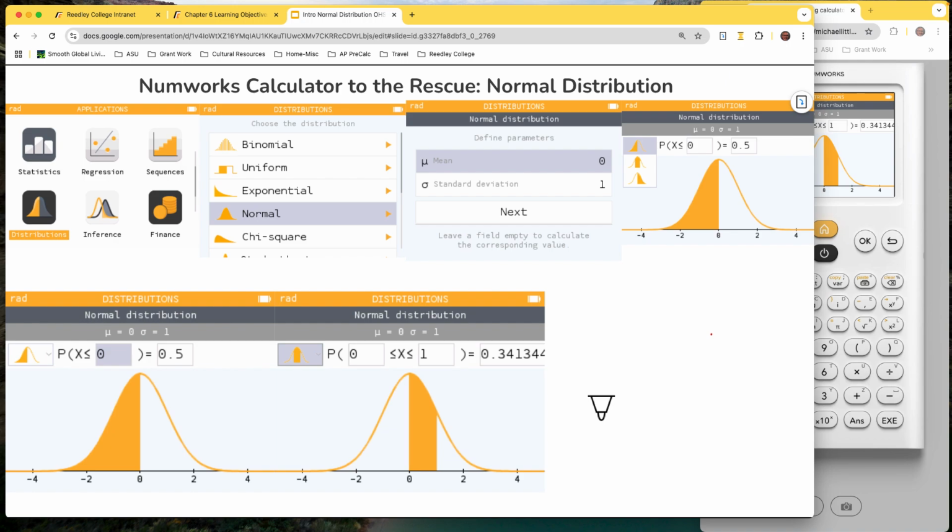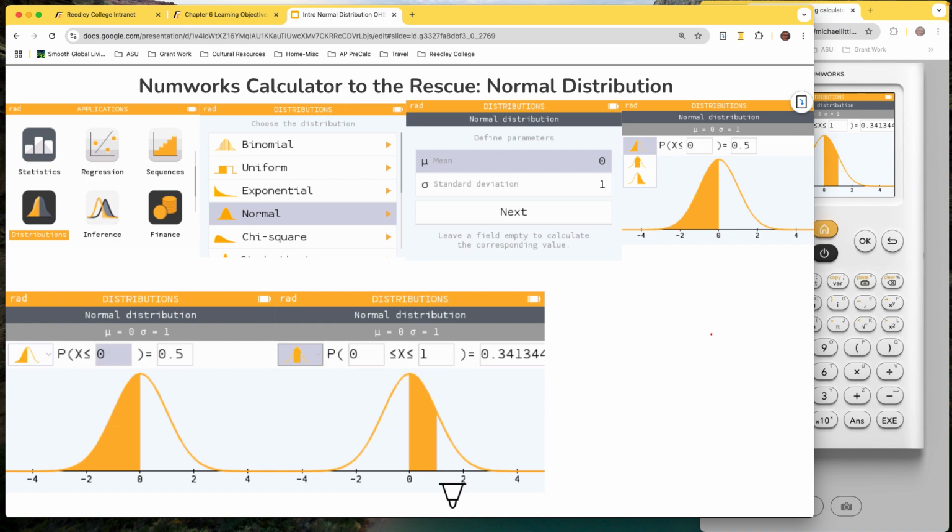Yeah, this one was 1 standard deviation above specifically, but notice it's the percent between 2 measurements, 2 x values or 2 z values, right? This is going from 0 to 1. So sometimes we have 2 measurements and they ask, what's the probability of being between those 2? That's the tool we'll use. Okay, so that's the between.